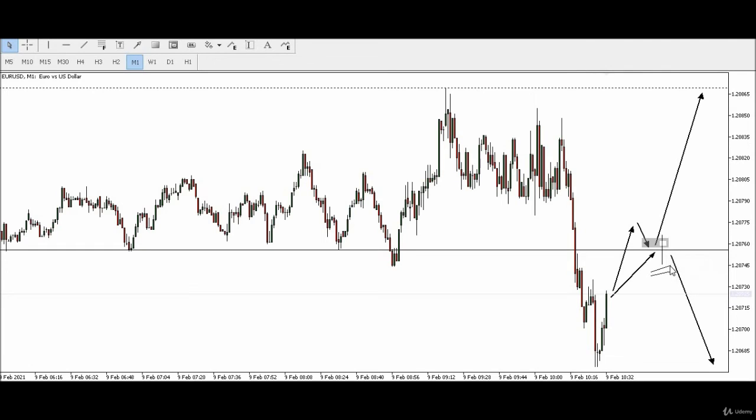And in the opposite scenario, if we look for sells here, if the market retests this breakout and goes down, we are looking for sells here.